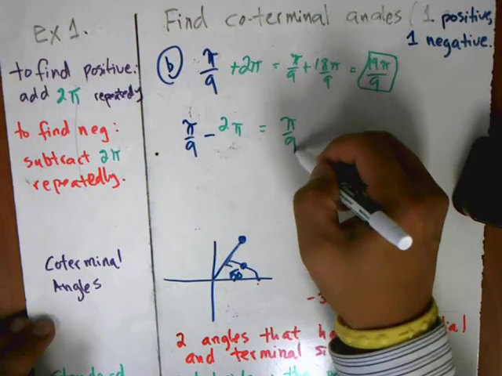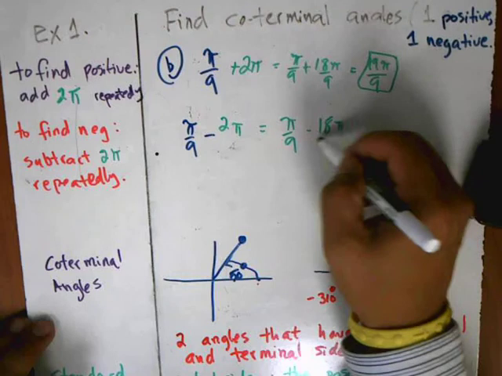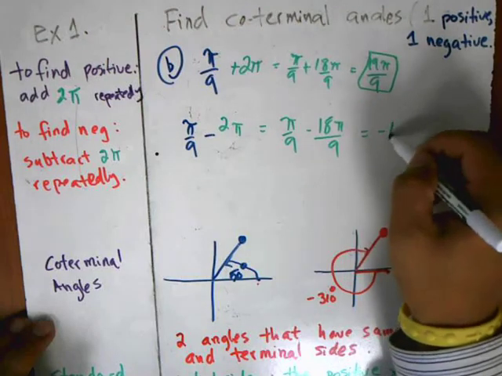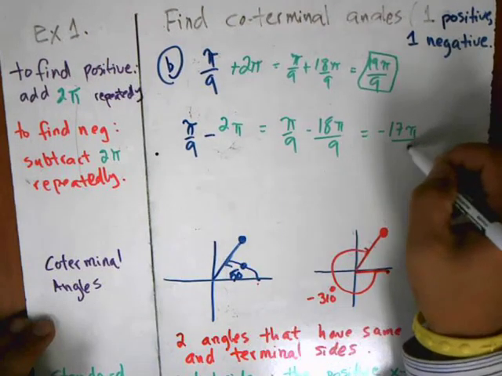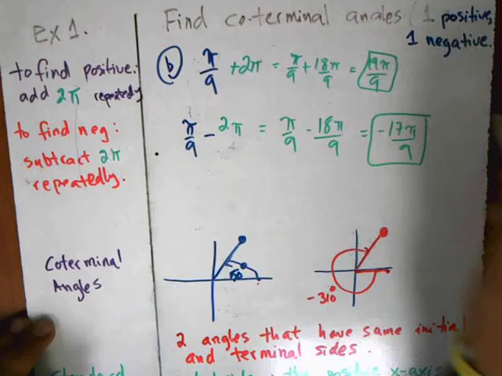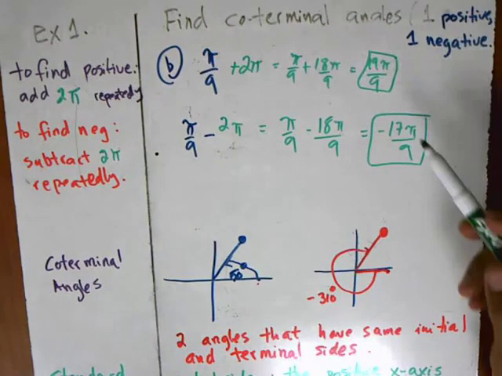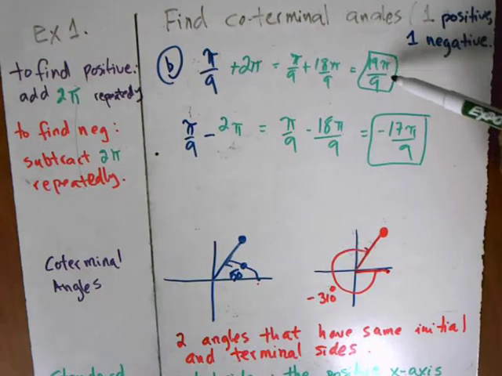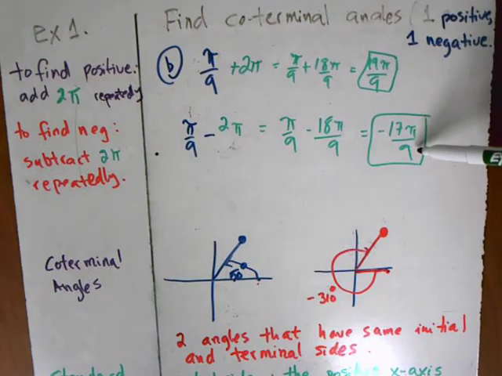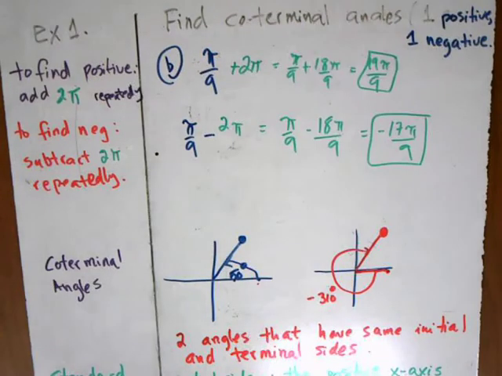This will give me pi over 9 minus 18 pi over 9, which gives me negative 17 pi over 9. And if you draw out these pictures, you will be able to see that 19 pi over 9, negative 17 pi over 9, and pi over 9 all end up at the same point when you rotate from the positive x-axis.